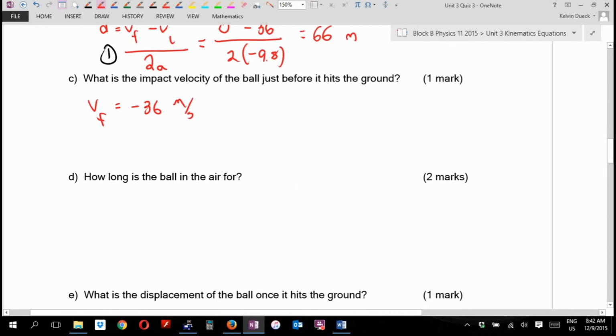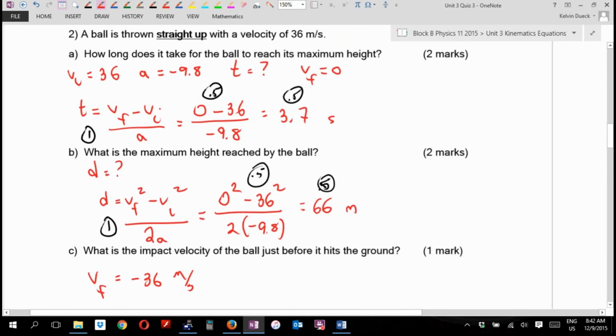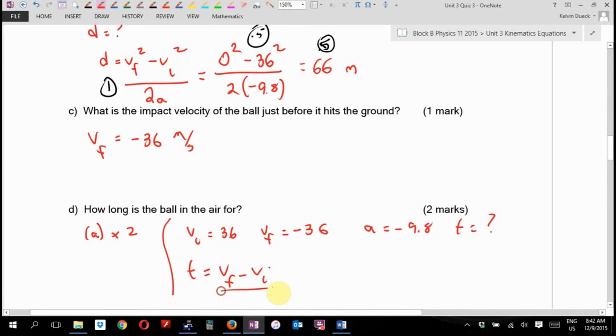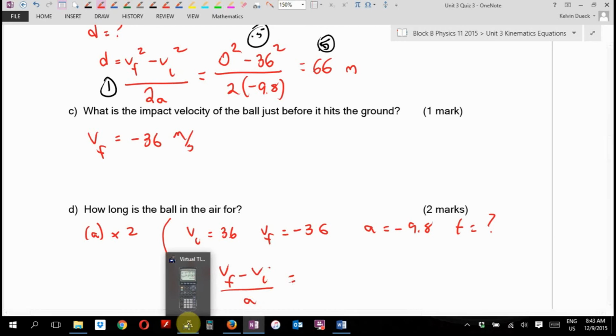How long is the ball in the air for? I can do this in 2 ways. I can take my answer from A and times it by 2. And because I know I'm right, I might do that. Or I can go like this. VI is 36. VF is negative 36. That's why I did part C before part D. A is negative 9.8. I could also go T equals VF minus VI over A. I'll do it both ways.